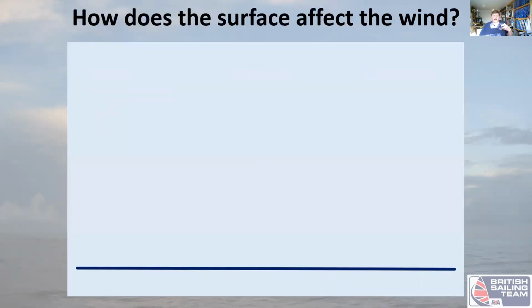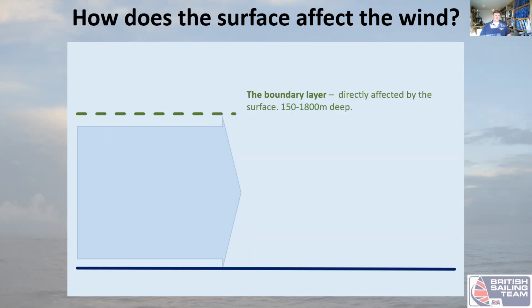So how does the surface affect the wind? Well, what tends to happen is that if we have our surface here and we have our general wind flow, in this case from the left to the right of the screen, that wind flow that's directly above the surface is called the boundary layer, and that's the layer of the atmosphere which is directly affected by friction with the Earth's surface.